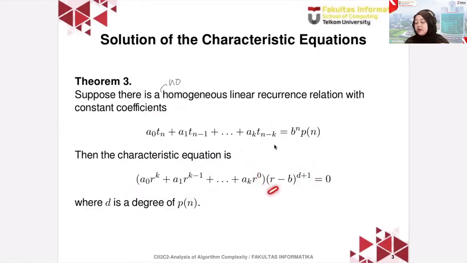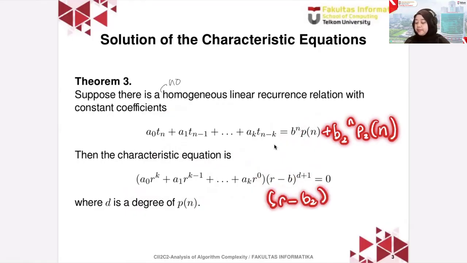So this is r minus b based on this, to the power d plus 1, where d is the degree of the polynomial. And if you have more than one term, for example here you have b2 and a second polynomial, then you will need to multiply it again by the second term, like this.